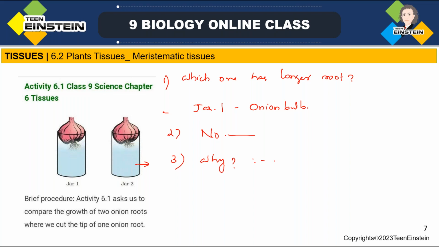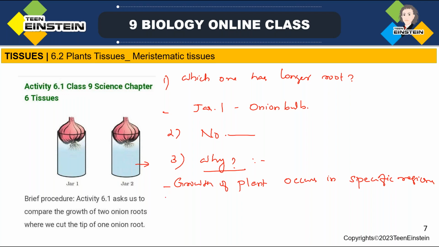So the growth of plant occurs in specific regions.